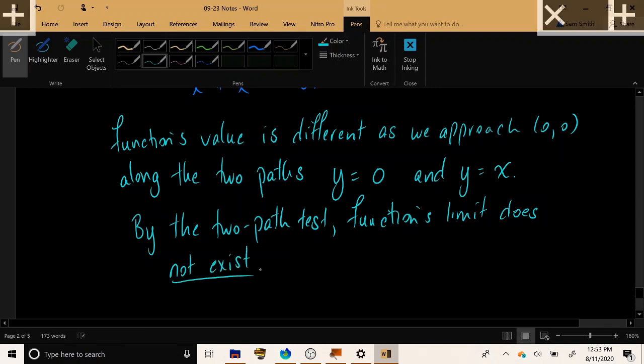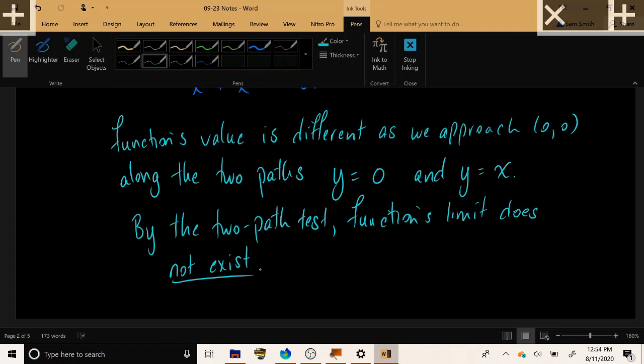Okay, once again, I can't encourage you enough to be careful and never ever use the two-path test to try and show that a limit does exist. This is similar in nature to the divergence test from Calculus 3 when you were studying series.